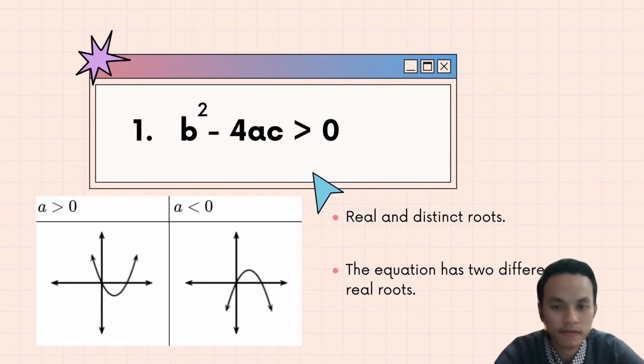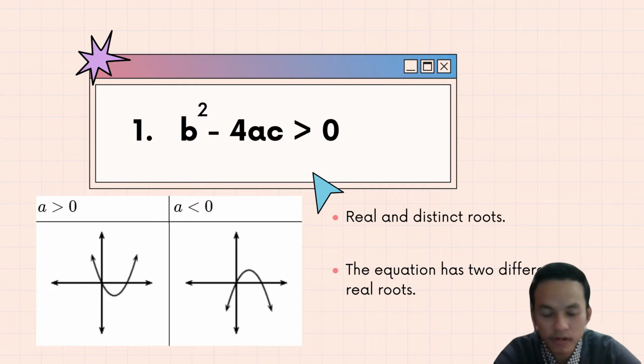This curve will intersect the x-axis at two distinct points. Note that if the discriminant is a perfect square, the two roots are rational numbers. And if the discriminant is not a perfect square, the two roots are irrational numbers containing a radical.